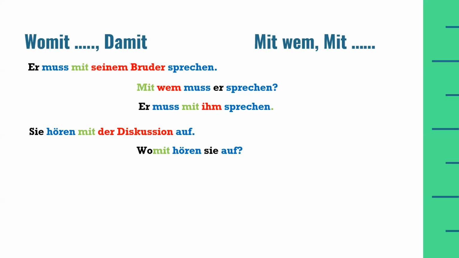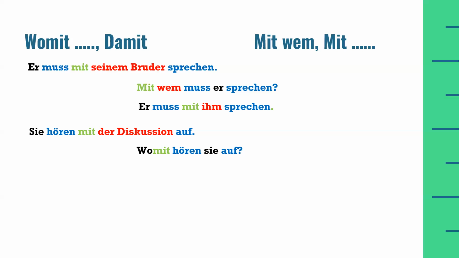Now, if we want to ask a question, we have to say, womit hören Sie auf? What are they stopping? Because here they are stopping a thing, a discussion, we have to use the wo compound and combine it with the dative preposition mit. Womit hören Sie auf?